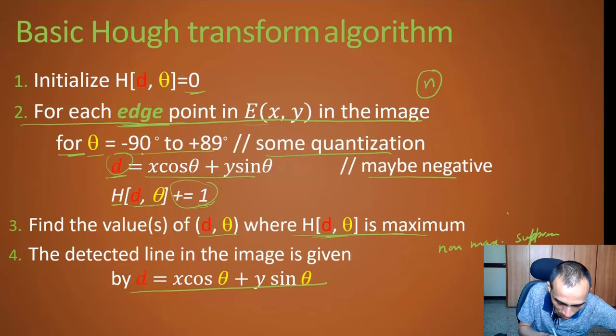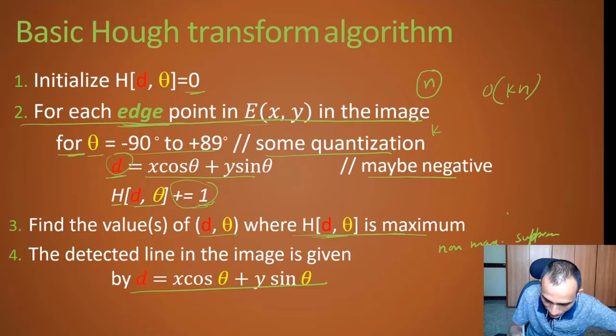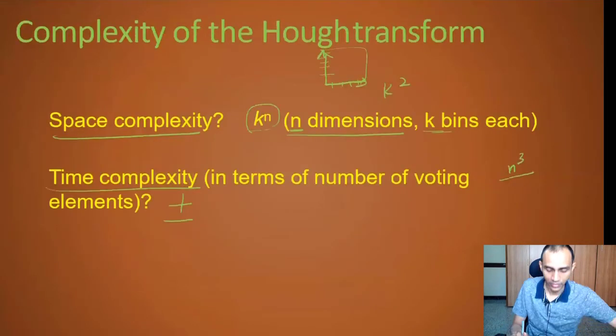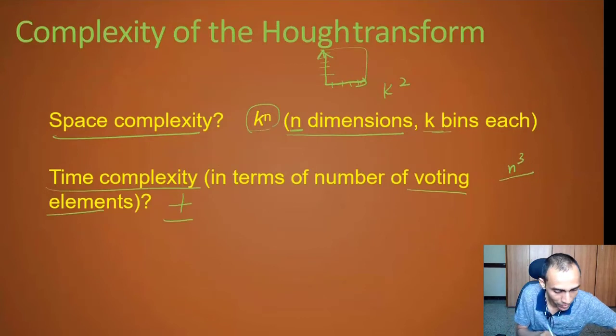Of course, there is a small loop here, but that loop is also fixed, k bins. So maybe we can say order of k times n, where k is a constant. So the real variable is n, and instead of n cube, we have something proportional to n, the number of voting elements, which are your edge points.